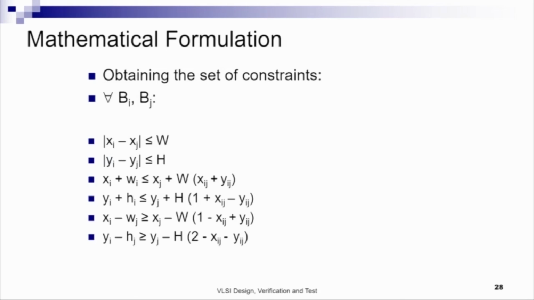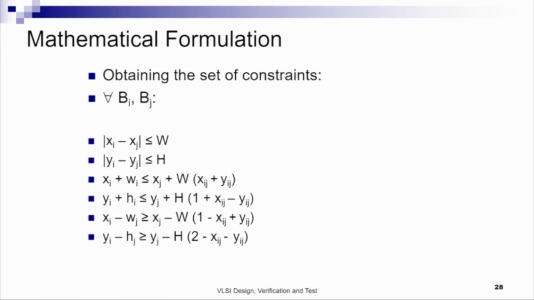However, for the others, all the other constraints will be trivially true. Why? xij minus yij is 0 minus 0 is 0. So, H into 1, so H is there. So, yi plus hi less than or equal to yj plus H will always be trivially true, right. In the third constraint, because xij and yij are both 0, W will be there.